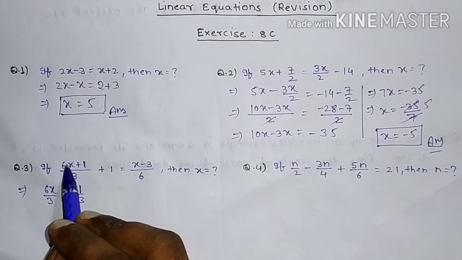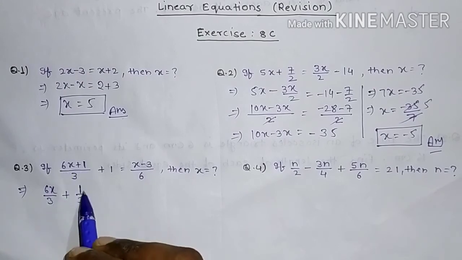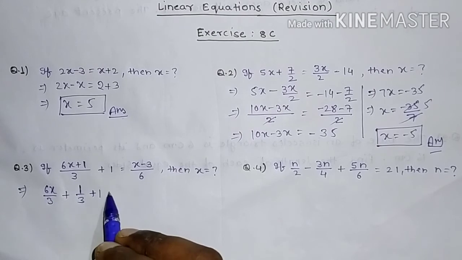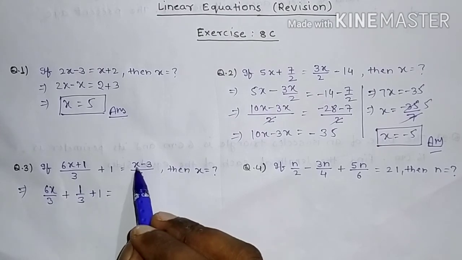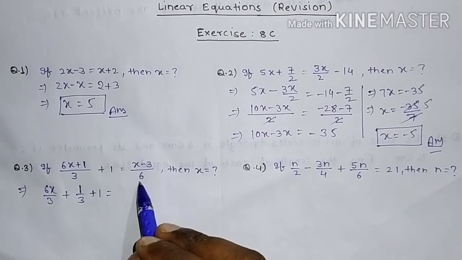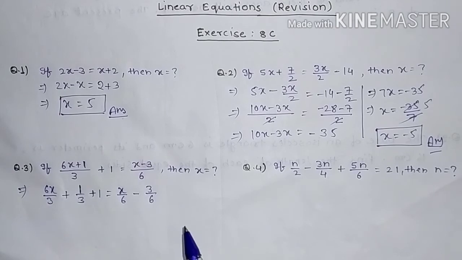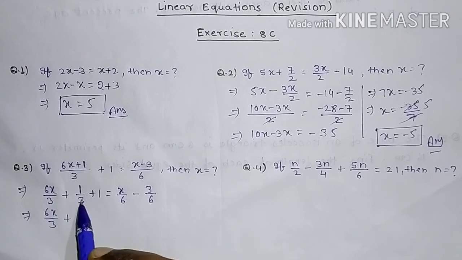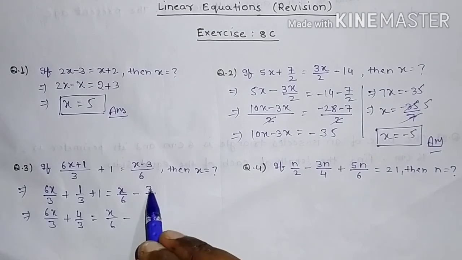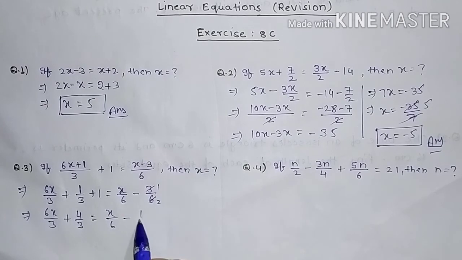Here 6x divided by 3 plus 1 upon 3, we can write plus 1 equals, again same process, x upon 6 minus 3 upon 6. So this is x upon 6 minus 3 upon 6. Now 6x divided by 3 plus 1 by 3 plus 1, just solve it. 3 1s are 3 plus 1, that is 4 by 3 equals x upon 6 minus, it will be cancelled out, 1 by 2.